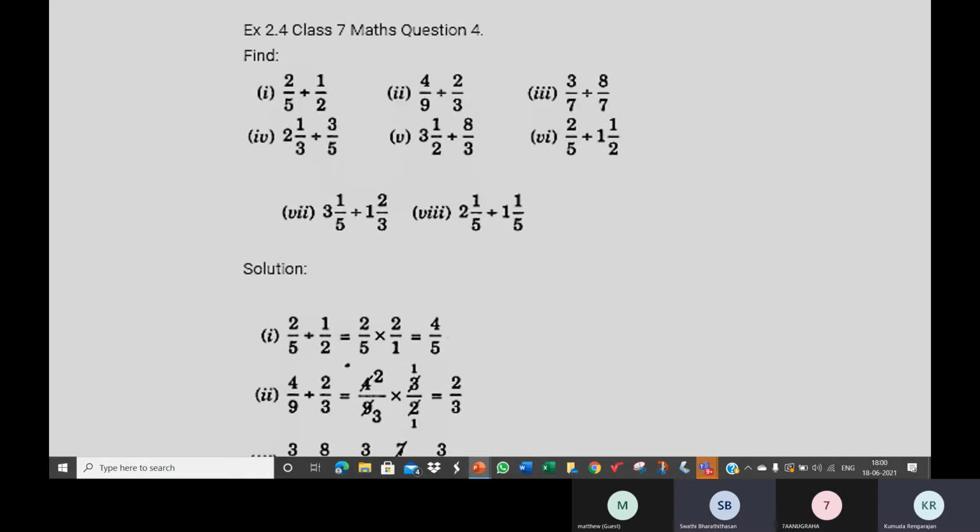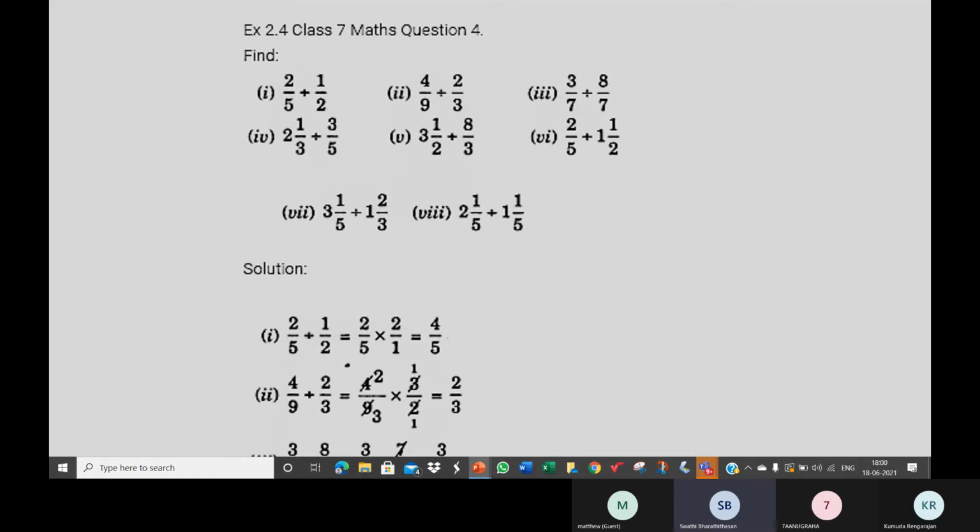Ma'am, 3 1 by 2 divided by 8 by 3. As 3 1 by 2 is in the mixed form, we have to convert it into an improper fraction, so it will be 7 by 2. And then 8 by 3 has to be changed to its reciprocal, which is 3 by 8.